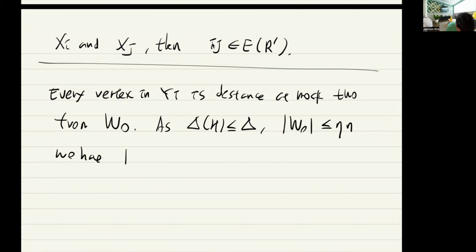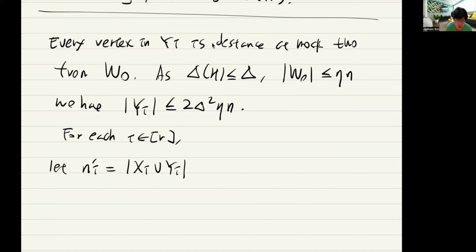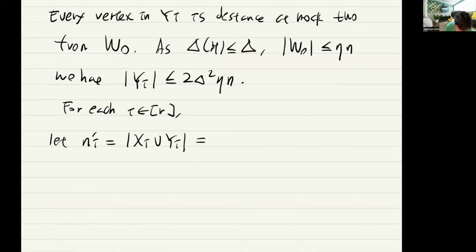So each y_i has size at most 2 delta square eta n. Then for each i, we let n prime i be the size of the union of x_i and y_i, which is the one that we will assign. Then what do we know?